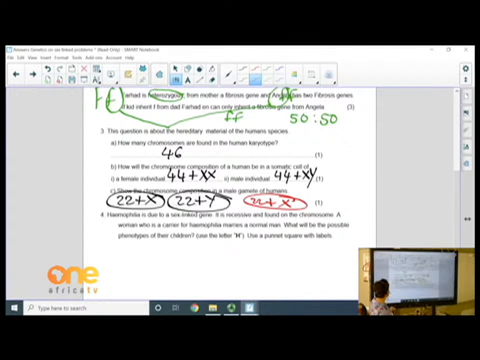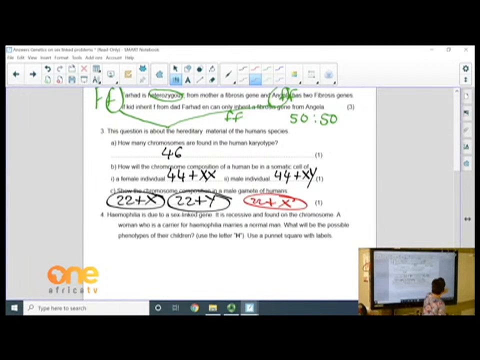Okay. Hemophilia is due to a sex-linked gene. Hemophilia is that disease that we talked about in the video of the royal family, where when you have a hit against your body, you can have internal bleeding, or it's very easy for you to bleed because your blood does not clot or coagulate very easily.